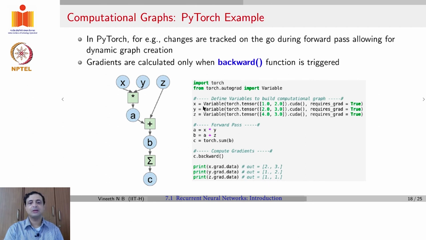For instance, it could be loss for training a neural network, or if you're just evaluating an expression, you could just say c.backward in this particular example that we saw. When you do c.backward, the PyTorch framework triggers the computation of the gradients, and you can then print out the gradients of every edge in your expression computation.